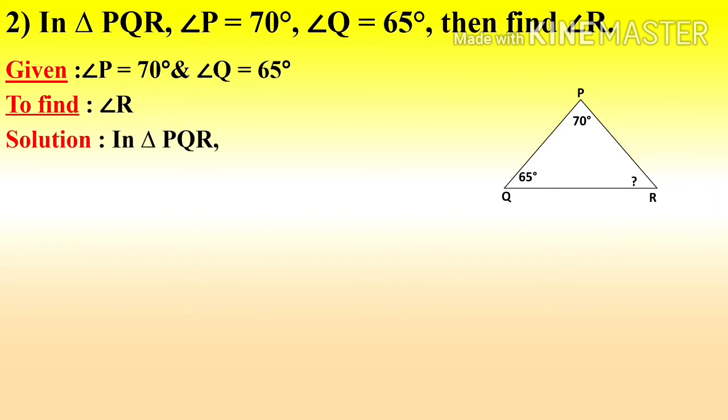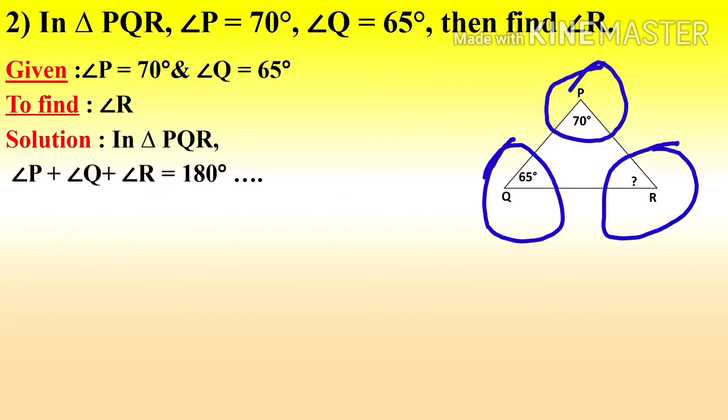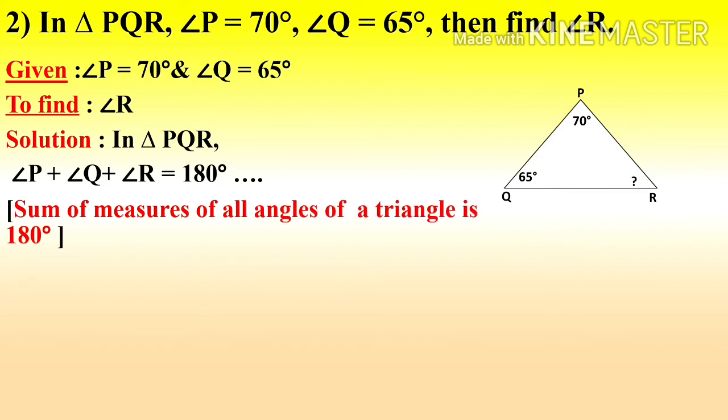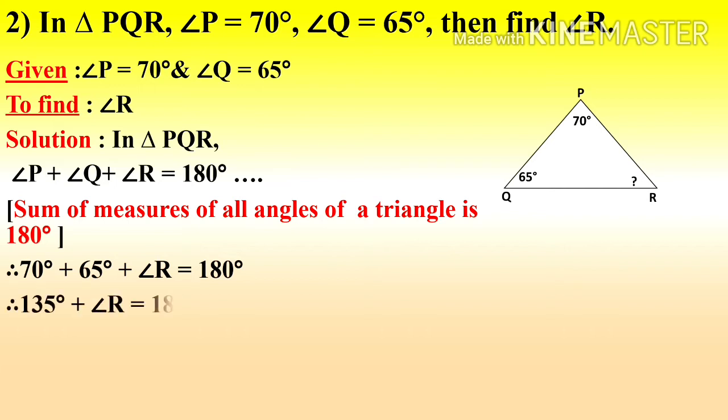Solution. In triangle PQR, angle P plus angle Q plus angle R equal to 180 degree. As we know, the sum of measures of all angles of a triangle is how much? 180 degree. Now substitute the value of angle P and angle Q. Angle P is given 70 degree, angle Q is given 65 degree. Here we have to find angle R. Now addition of 70 degree plus 65 degree, we get 135 degree plus angle R equal to 180 degree.